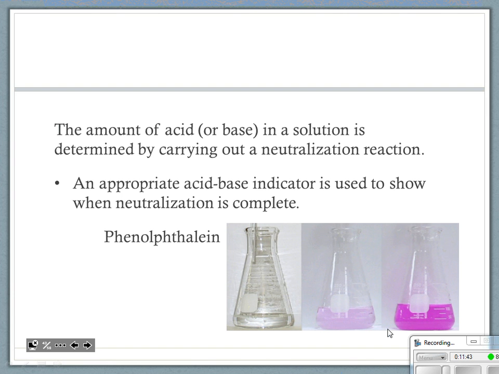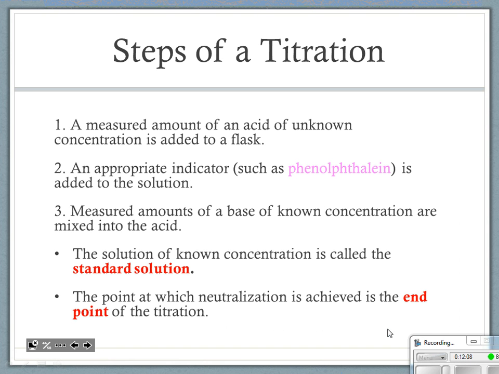So, does it actually tell you if phenolphthalein is pink that it's a base? No, because it could also be 7. It could be neutral. So phenolphthalein will say, okay, acid or not an acid. Now, that helps us with the whole idea of titrations.